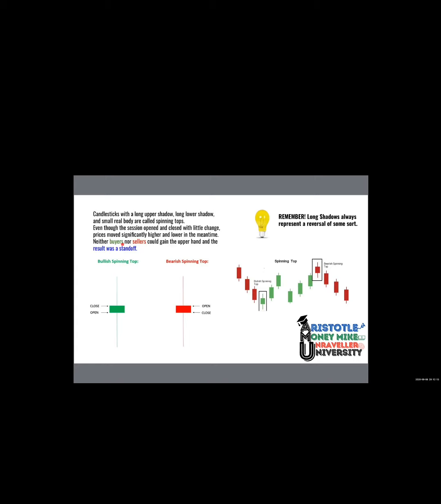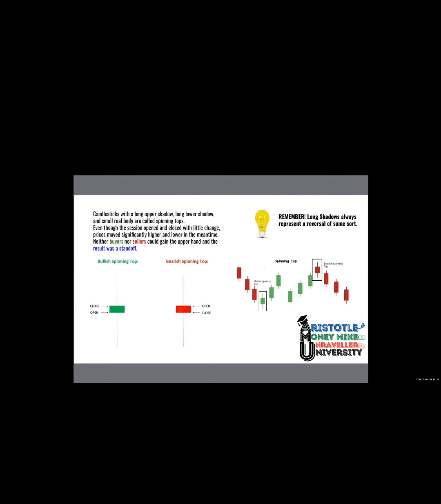Like he said, neither buyers nor sellers could gain the upper hand, so the result was a standoff. How do we know this? It would have opened here, went as low as here, went as high as here, but closed here. And same here. Open here, went as high as here, went as low as here, but closed here. They call that a spinning top.